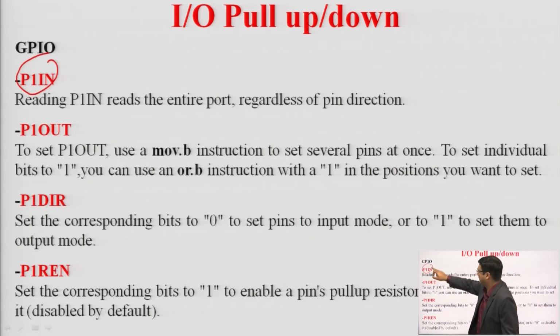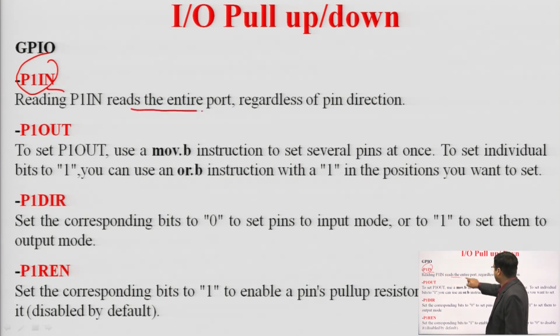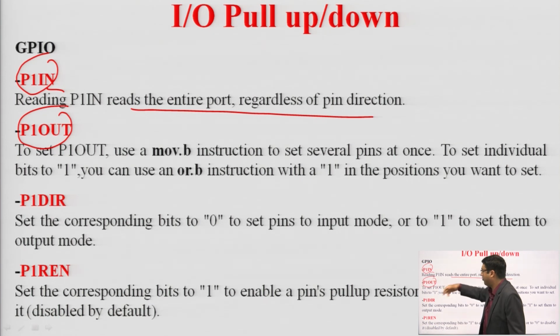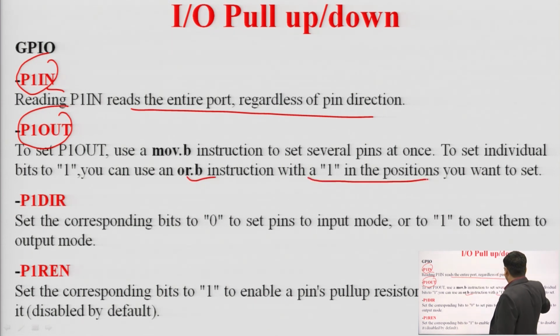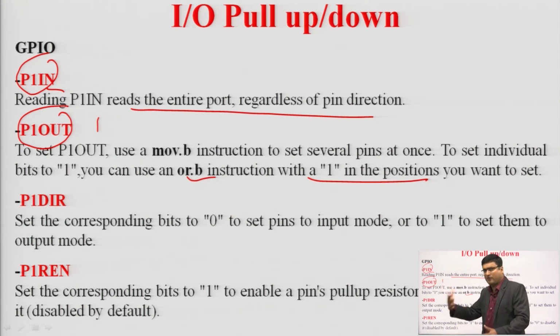P1 IN means P1 input, it works as the input, it will read the entire instructions. P1 OUT means it will execute through mov.b. From P1 OUT, the data will be provided from the MSP 430 to the external environment. P1 DIR means the direction.